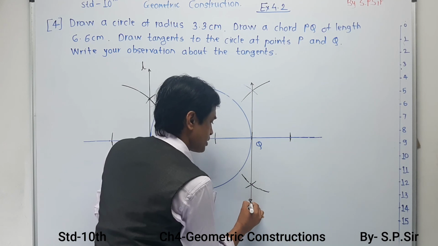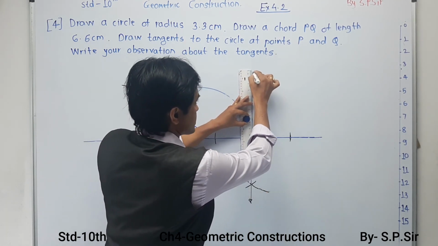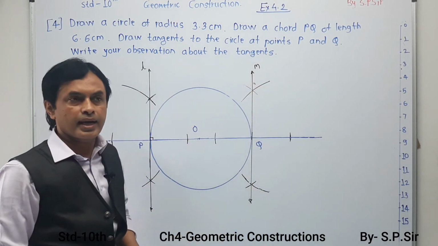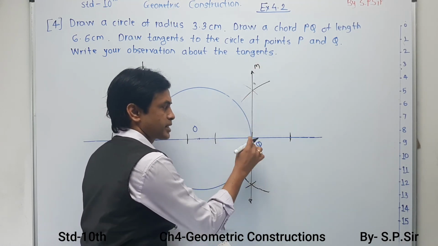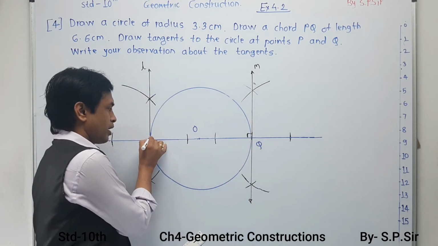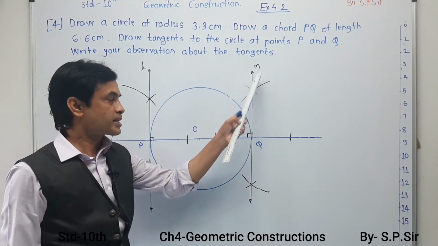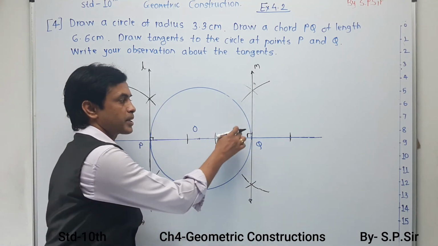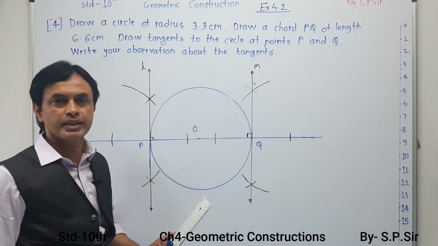Now as per construction you can easily see that here I am going to call the second tangent as tangent M. And remember, again OQ is a radius, line M is a tangent at Q. Naturally this angle is also 90 degree. Now your first angle by tangent L is also 90 degree. Second angle by tangent M is also 90 degree. So 90 plus 90 is 180 degree. I repeat, 90 plus 90 is nothing but 180 degree.